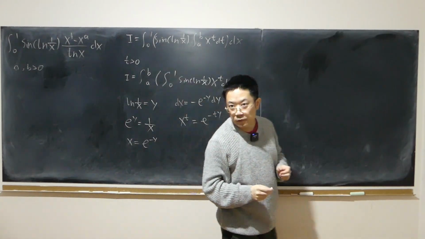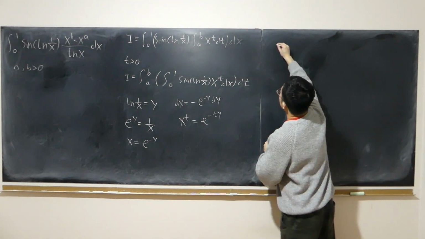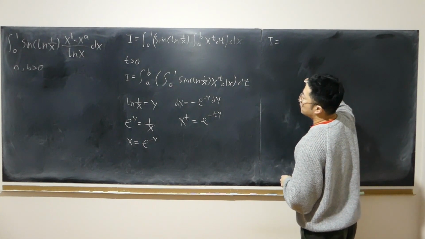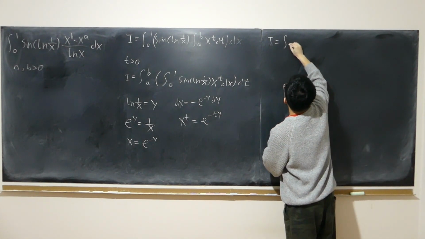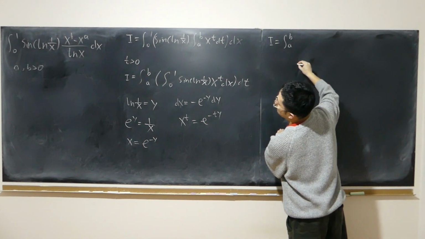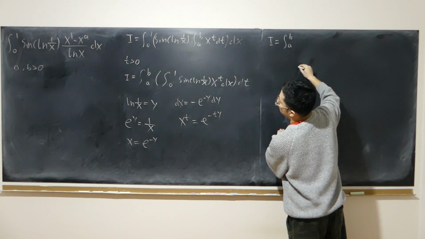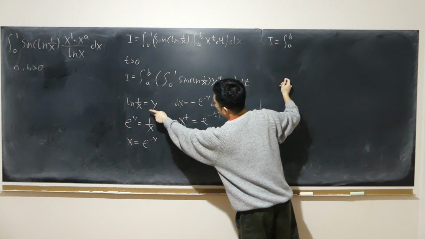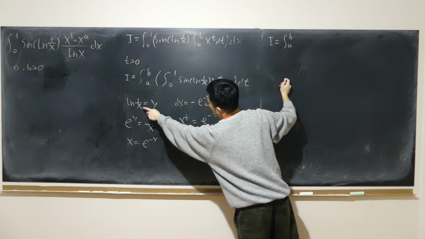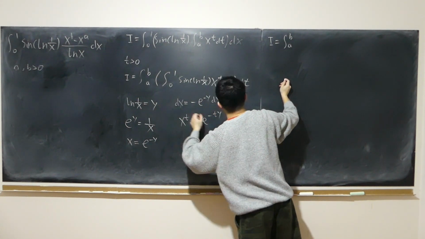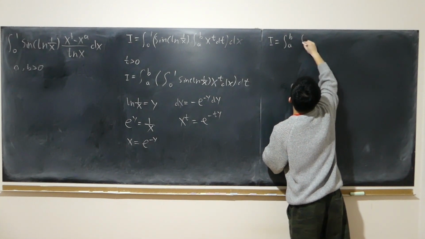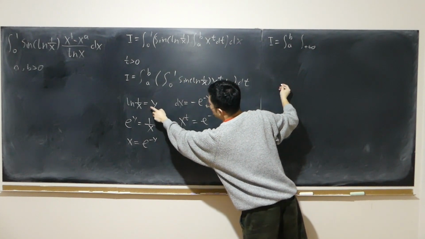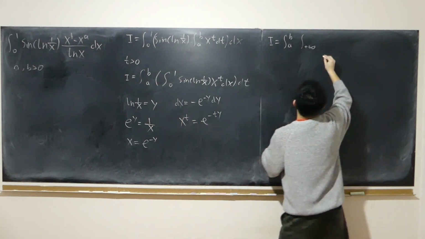So this time the integral I should be equal to, first copy down the integral from a to b, then also change the boundaries. X used to be 0. When x is equal to 0, y is equal to log of positive infinity. When x is equal to 1, y is equal to log 1, that's 0.